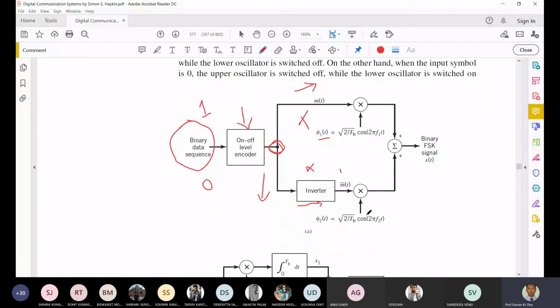Now we are multiplying this with the basis function with the frequency of f2, and if we add up these two signals, we get the binary FSK signal at the output, s(t).